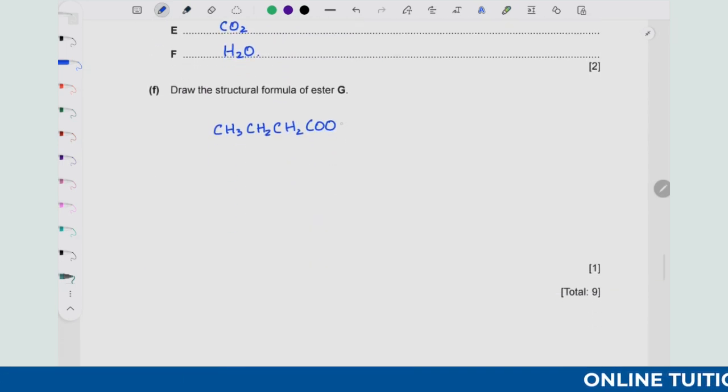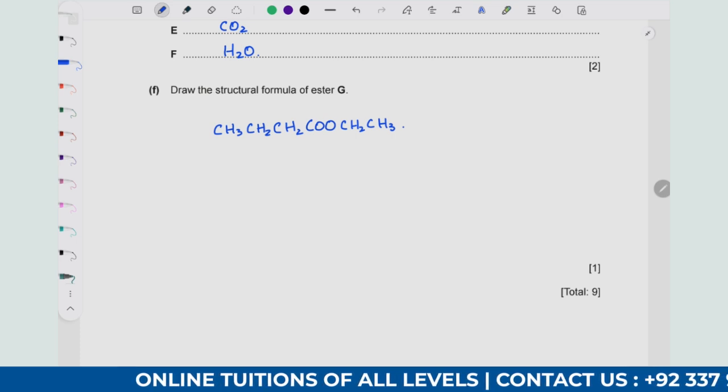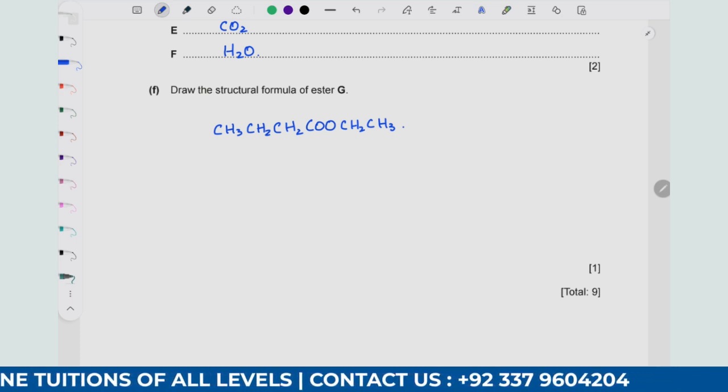So it will be flipped, which will be CH2CH3. That would be the structural formula of our ester G.